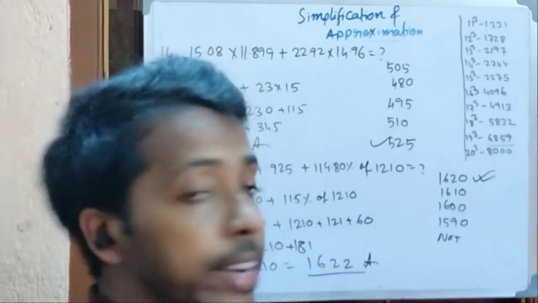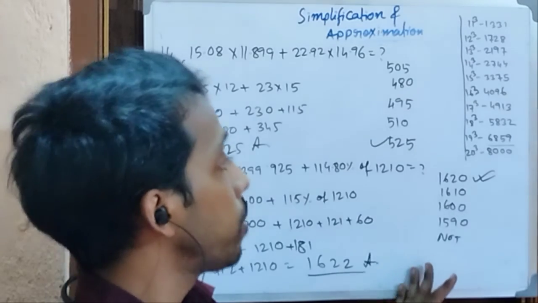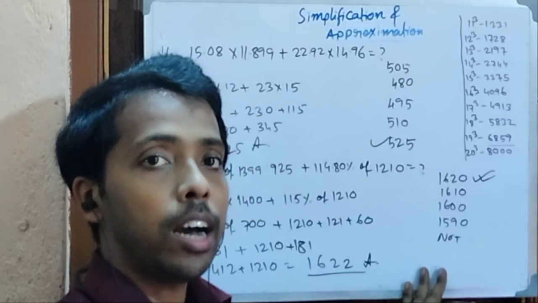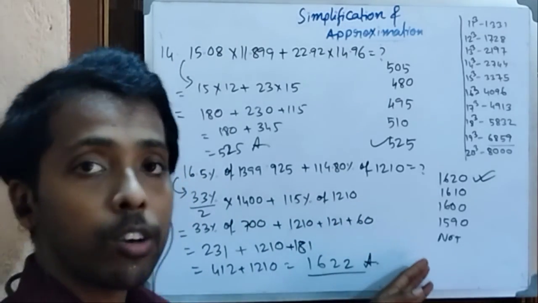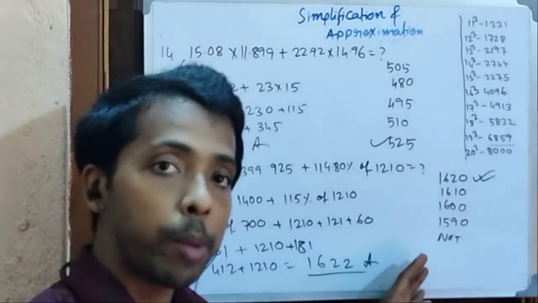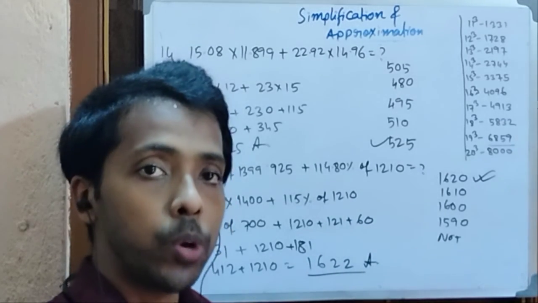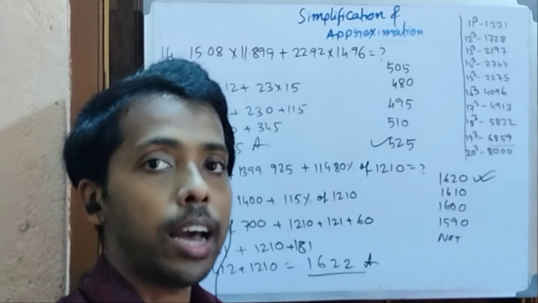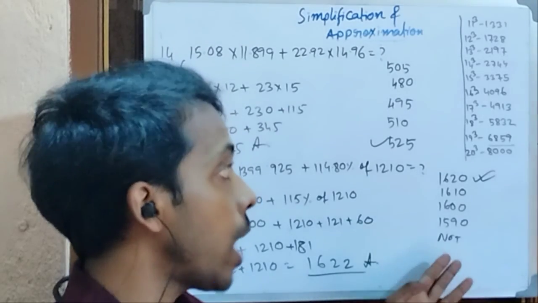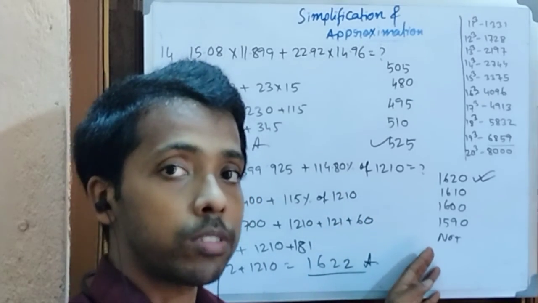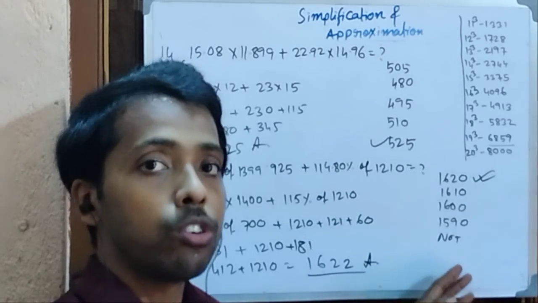So this is where we end this session, and we have completed the simplification and approximation series here, and some fraction values I have also given at the very beginning of this session. You have to memorize that along with the squares and cubes of numbers. Later we will move to percentage concepts more deeply, where you have to apply the calculation concept, the fractional values, the basic numbers of those fractional values, and the percentage values.